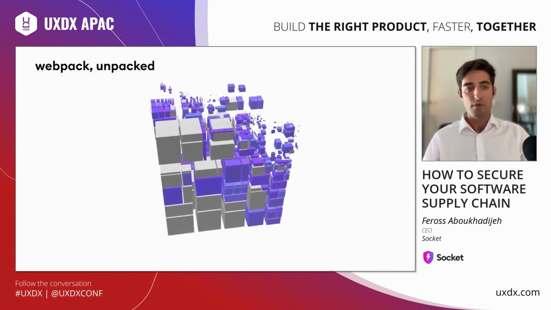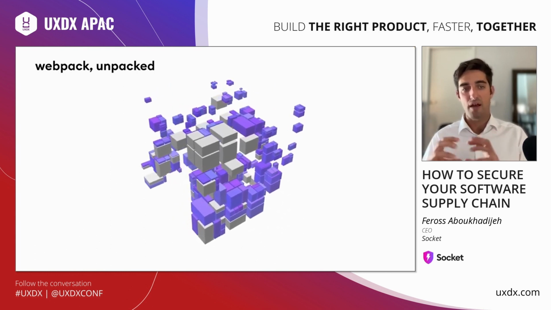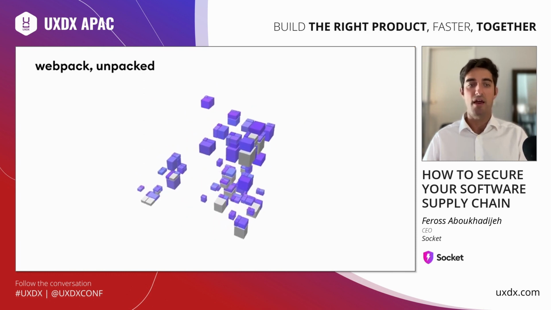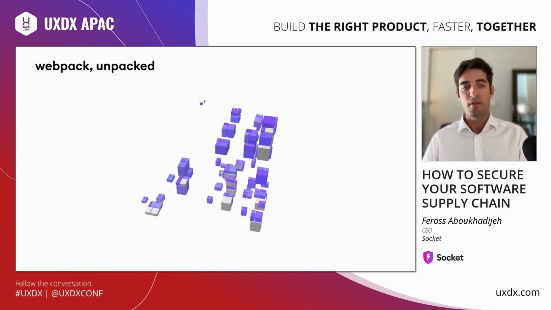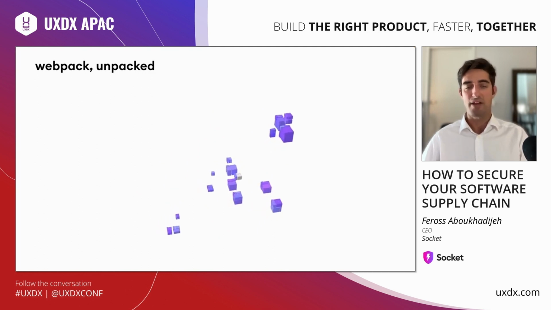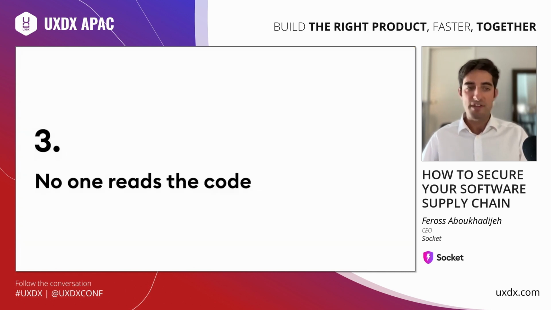So you'll see here as we're peeling back the layers, opening up the gray box to see the files inside, and also the nested packages within that. As you can see here, there's just a lot of code and a lot of different packages to make up the Webpack package.